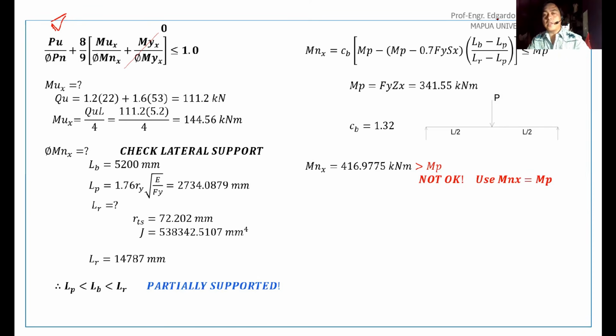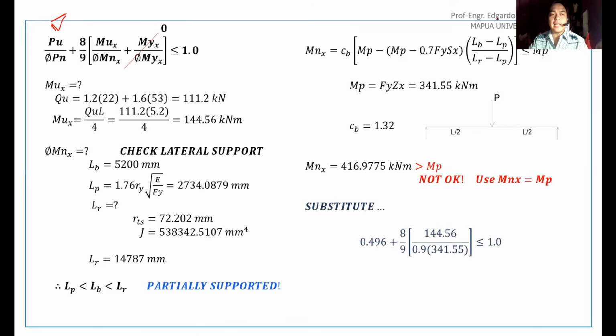So back substituting all the equations in the interaction equation for beam column. So substitute it all. So again, yung first term, yung P over phi PN, nasolve na natin yan kanina from the previous slide. So that is 0.496 plus 8 over 9 of MUX. So MUX is here, 144. Tapos divided by phi MNX. Okay, so yung phi natin again is for flexure, it's 0.9.